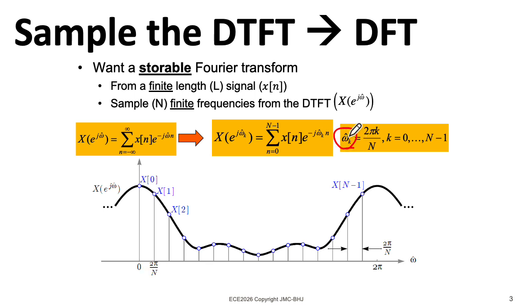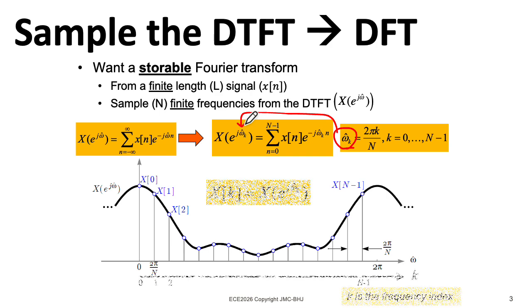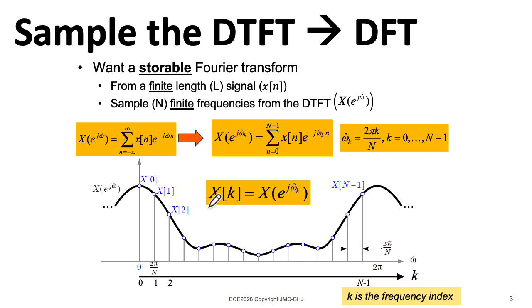Now, if I take this omega hat sub k and plug it in here, we see that that's equivalent to the discrete Fourier transform that I showed you on the previous slide. So the DFT is very convenient because it gives us samples of a discrete time Fourier transform that we can plot. One thing to remember is that big X in general is complex valued.